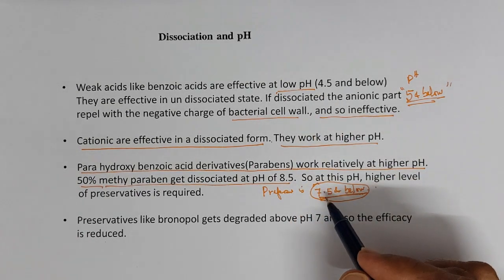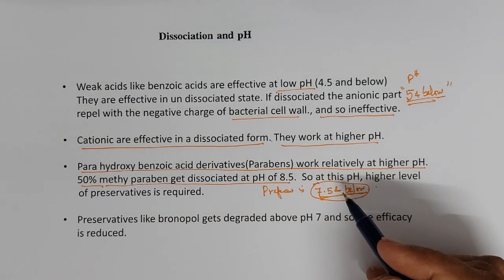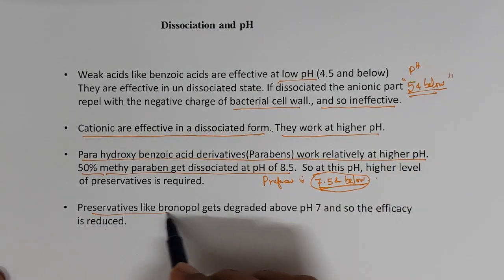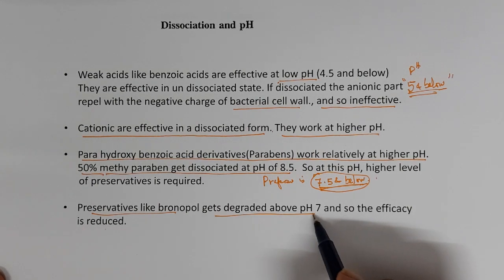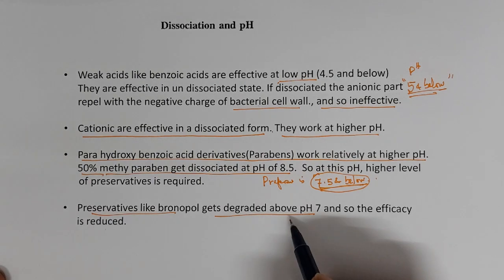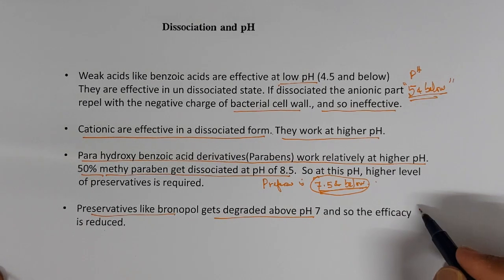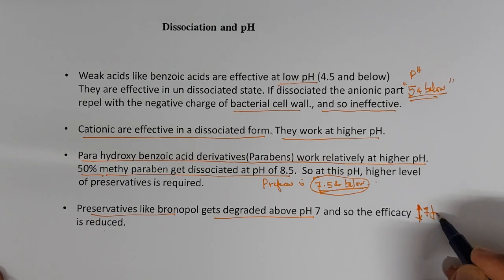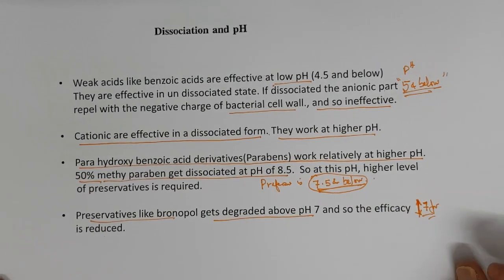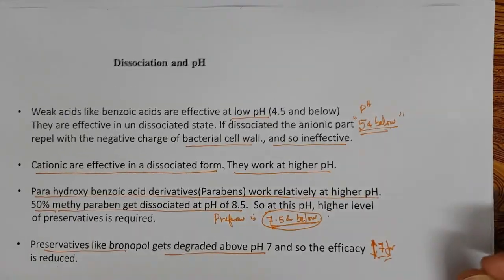While these preservatives work in an undissociated form, cationics work in a dissociated form. Preservatives like bronopol get degraded above pH 7. Bronopol is a very effective preservative, but the pH has to be well below 7 for efficacy, right? So that is very important, dissociation and pH.